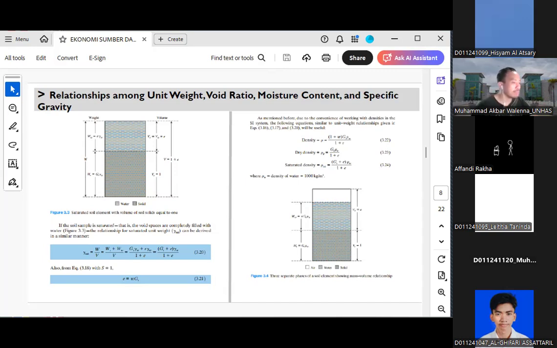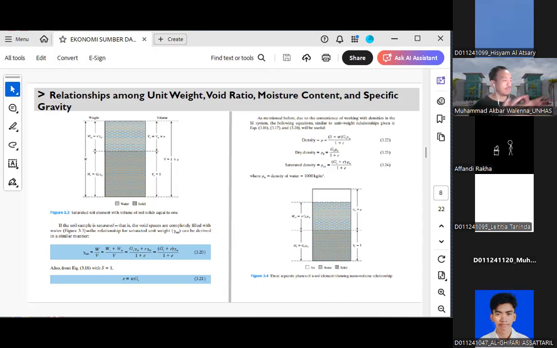Now, when it comes to the calculation, this is just another reiteration of what I have explained before. You are probably wondering why there is a 1 there, and 1 plus e, etc. I explained in the previous slide that we always assume that the voids have a volume equal to e, because the soil is fully saturated, so those voids are filled with water.